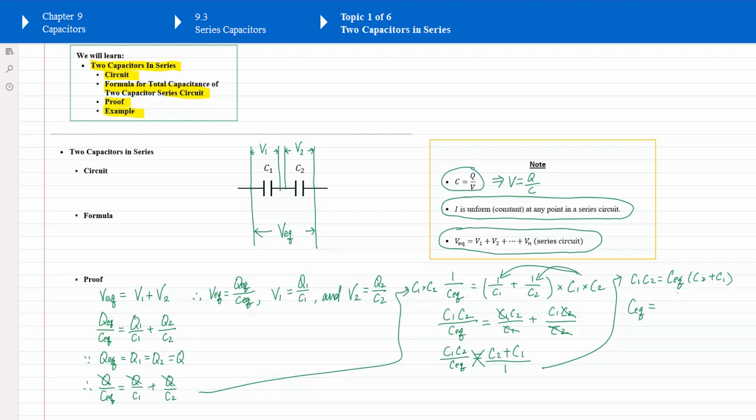We get CEQ equals C1 times C2 divided by the sum of C1 plus C2. This is the formula for finding the total capacitance of two capacitors connecting in series. Let me rewrite the formula and put it here where it belongs.